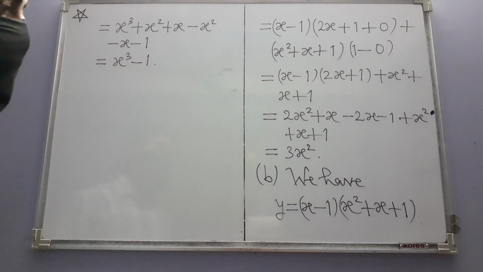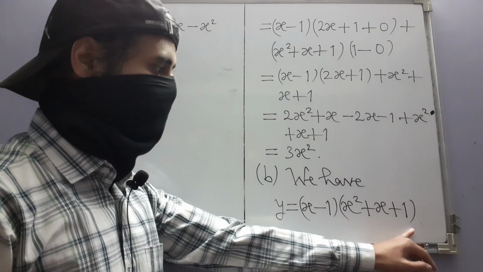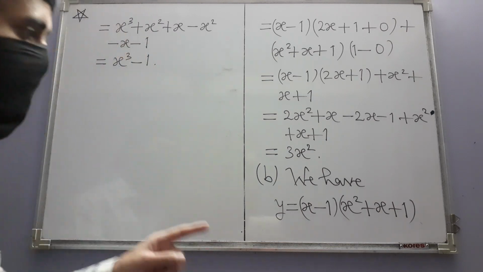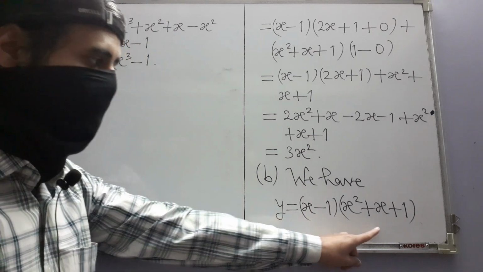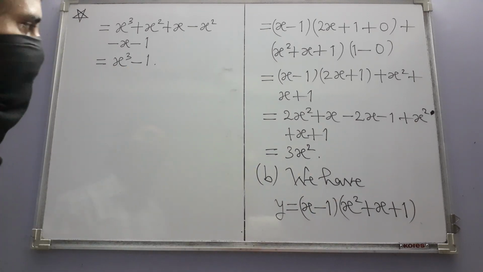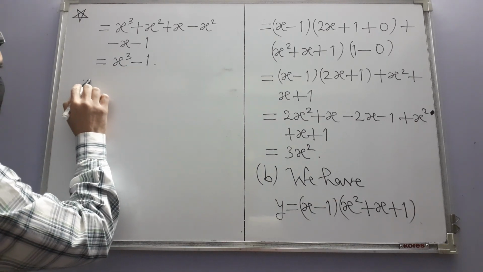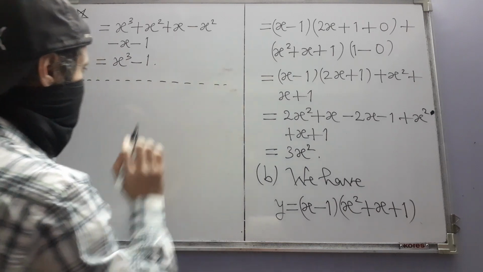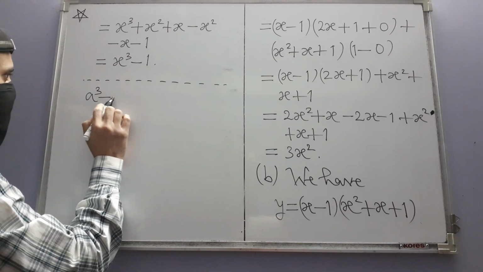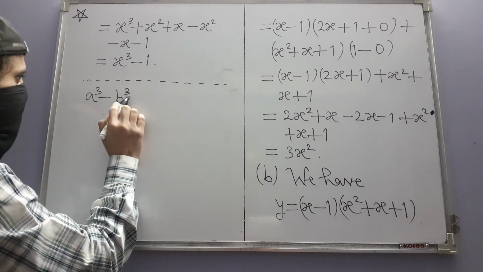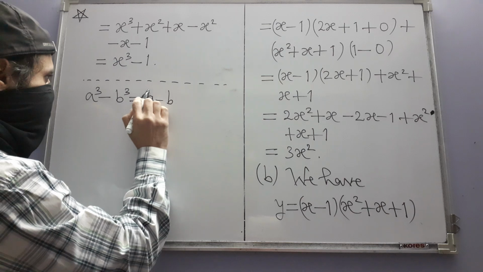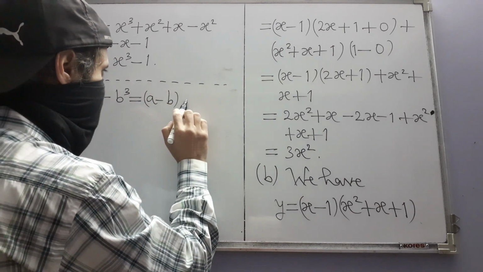This is not an accident, because this has the form of a standard formula. It is in fact the algebraic factorization of x cube minus 1. So what we have used here is this formula. Let me show the formula here from classical algebra. You probably already have seen this.